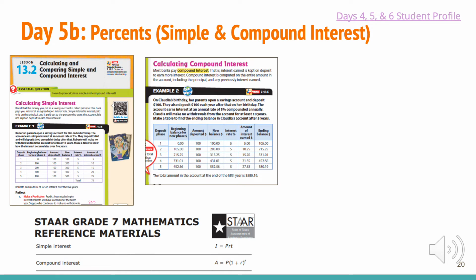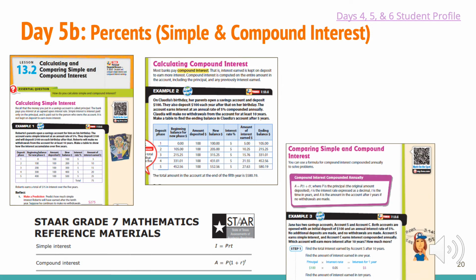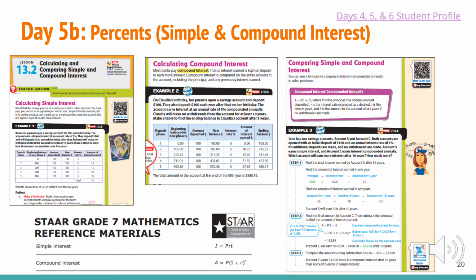Then calculating compound interest, we know students are challenged when it comes to simple and compound interest. So keeping in mind the similarities and differences between them, notice here that you'll compare simple, compound.